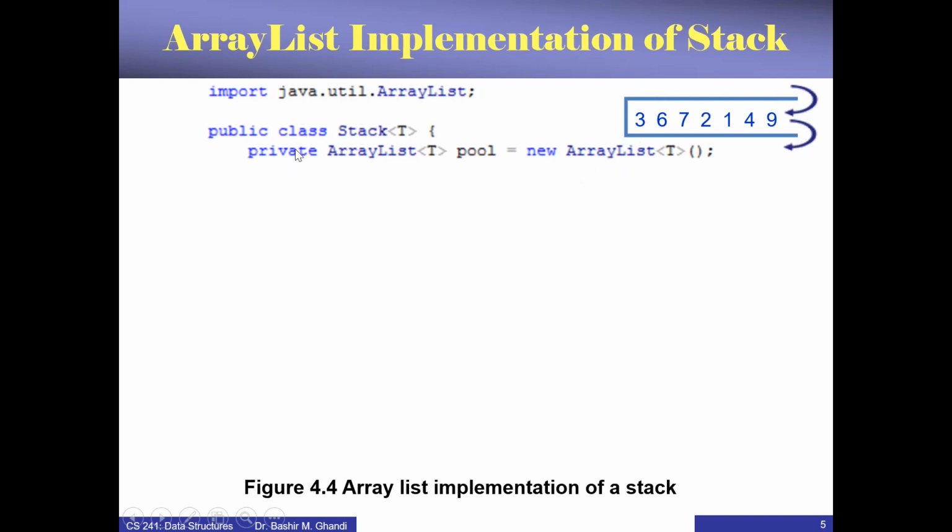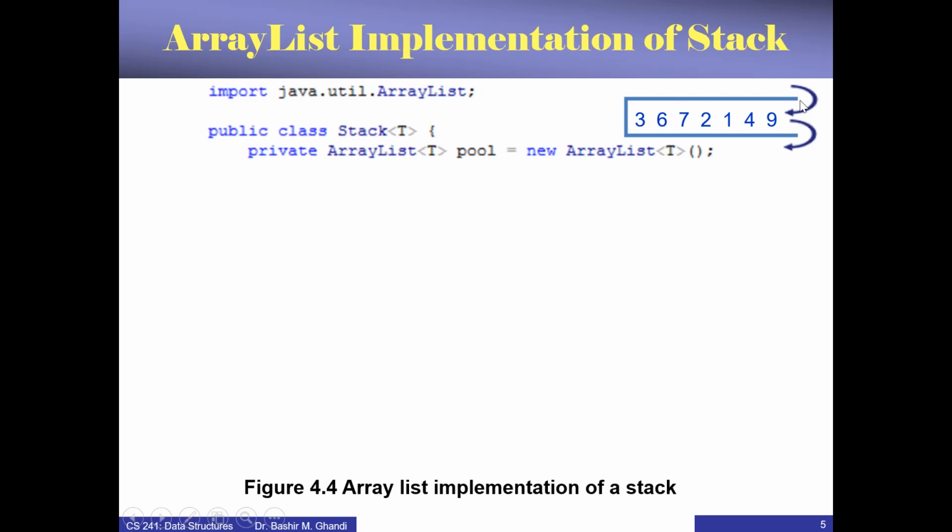As you can see it's private, so from outside this class you cannot access this variable, and therefore you cannot access the other methods of array list for this variable, unless those for which we provide public methods to access. This is the idea.